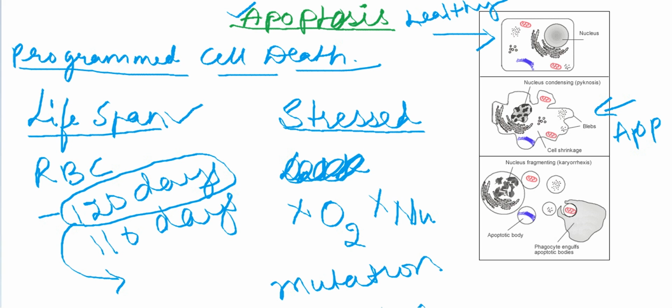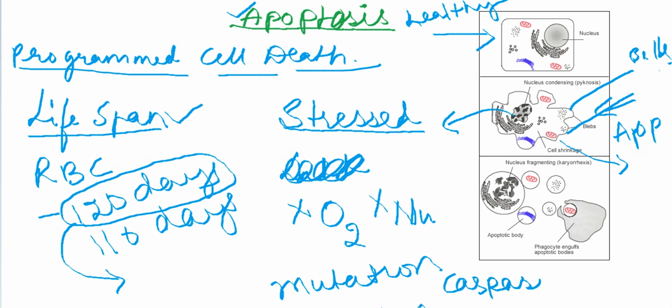The cell structure has changed, the nucleus has changed, and these are forming structures called blebs. There is one protein called caspases. Caspases are nothing but enzymes which bring about all these functions.